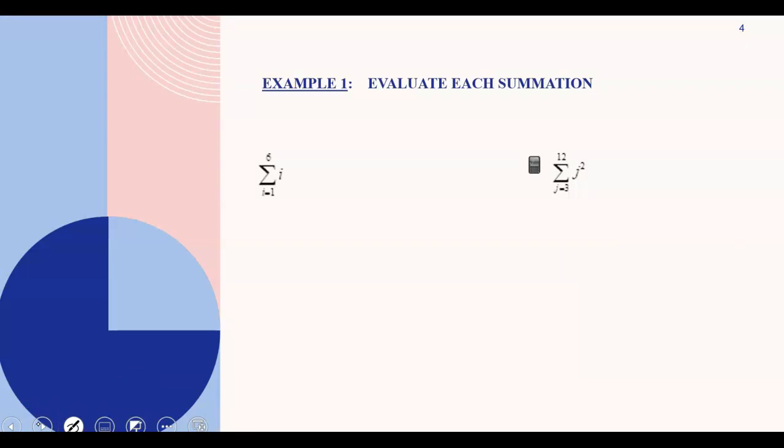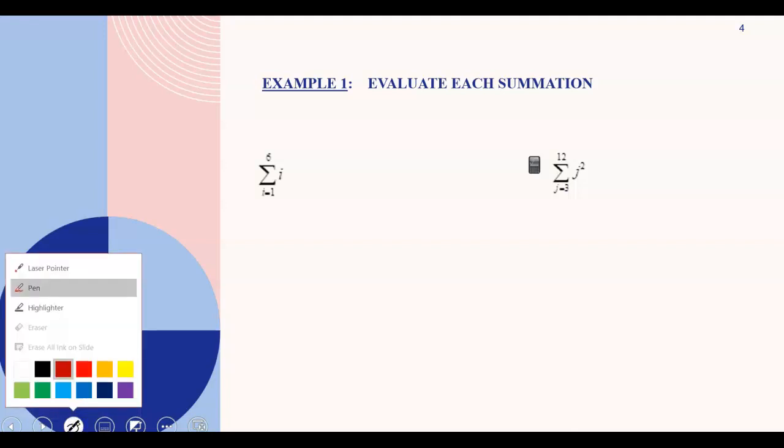So if I ask you to find the summation from 1 to 6 of i, you're going to use that formula we just had. So the formula says that this is my n value. In this case, the n value is 6.